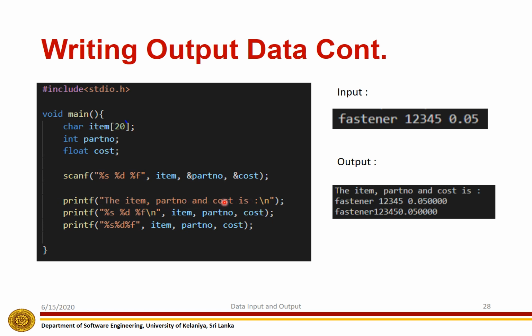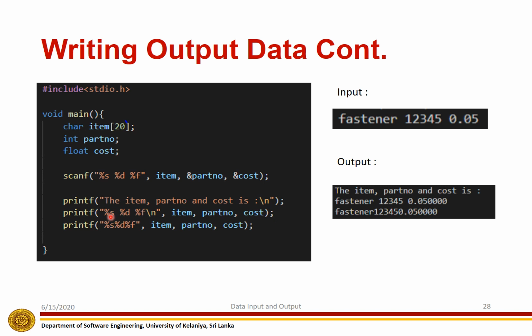This is directly displayed on the standard output device. And there are 2 printf functions here which include control strings and arguments. There is the same control string in both, but the second one has white spaces and the third one doesn't have white spaces. Here there are 3 character groups in this control string.